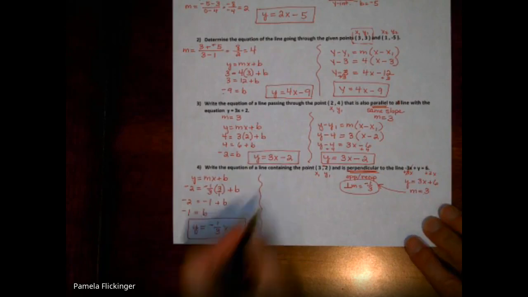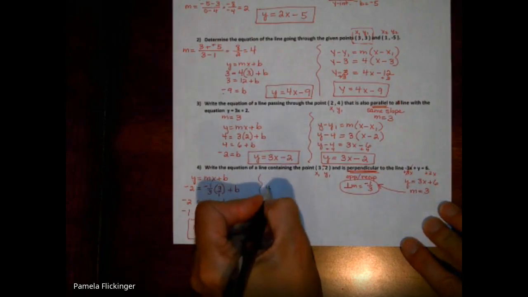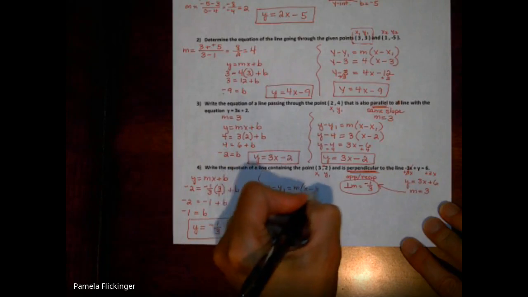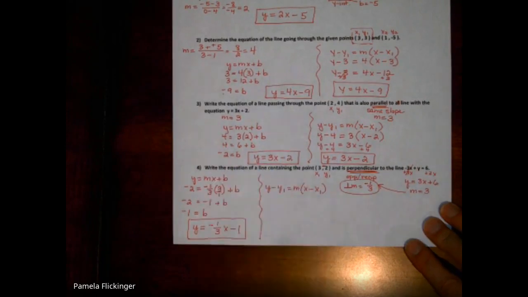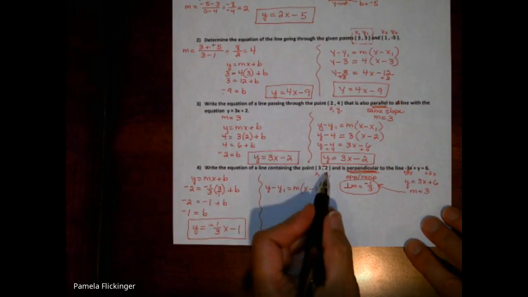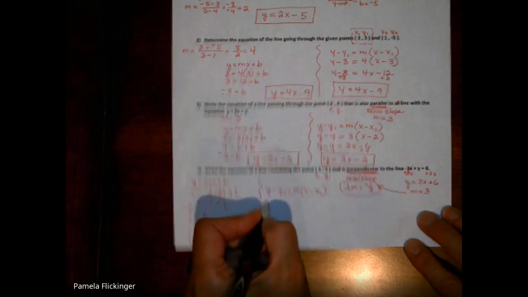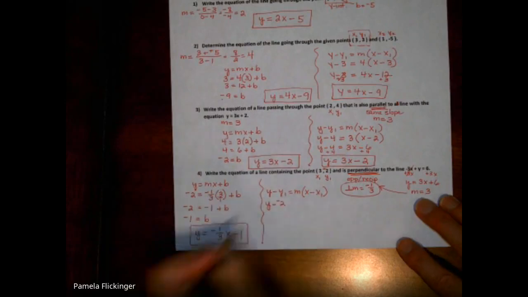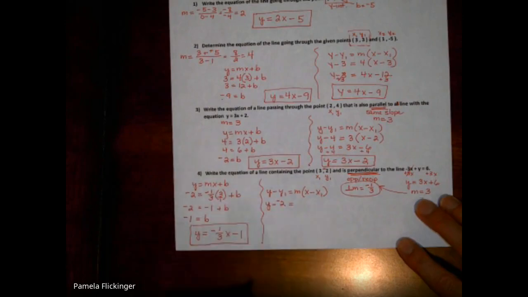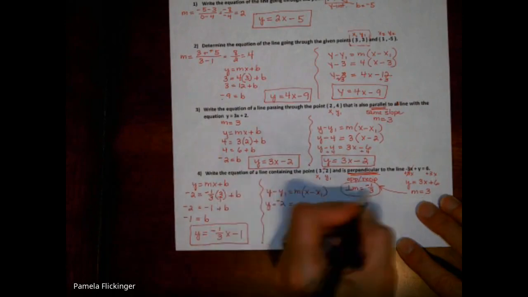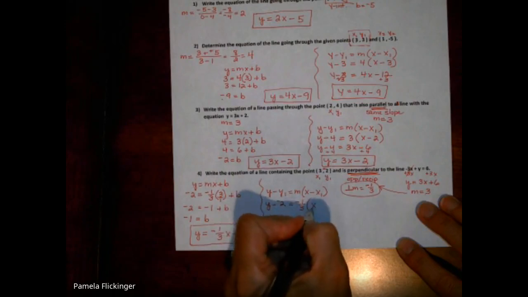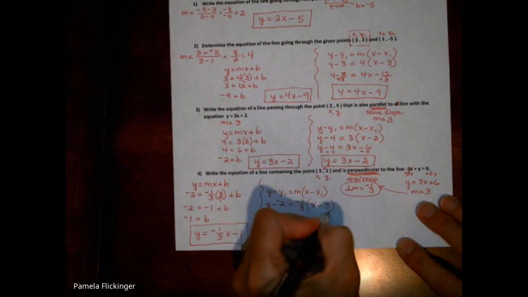All right, if we use the point slope form, which is y minus y1 equals m times x minus x1, I would put the negative 2 over here. Now this is what I wanted, because this is y minus a negative 2. All right, the slope we need to use is negative 1/3, and then this is x minus a positive 3.